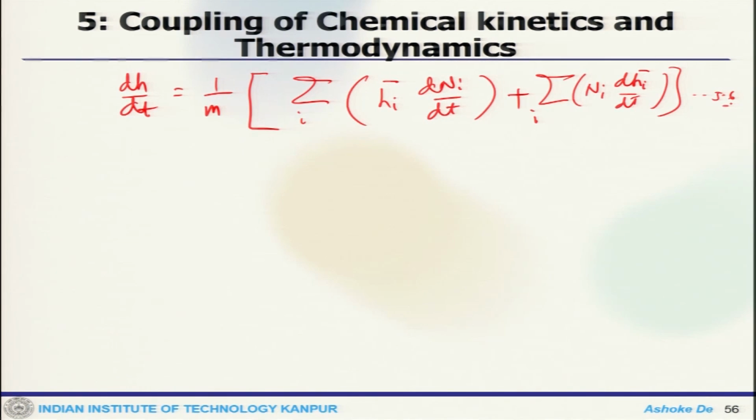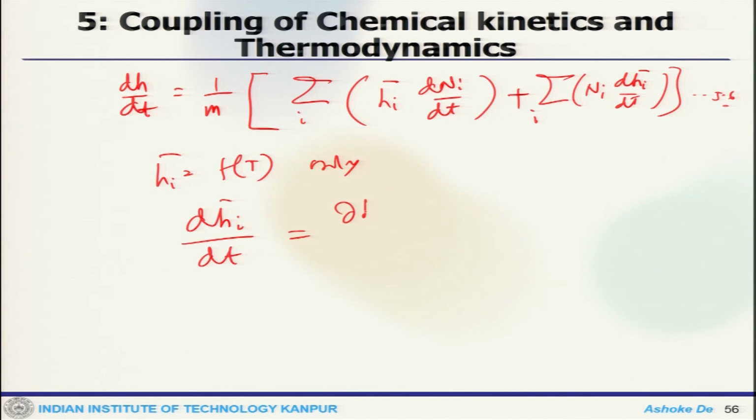So, now for ideal gas behavior, Hi would be a function of temperature only. So, what one can write is that dHi by dt equals Cpi dT by dt.